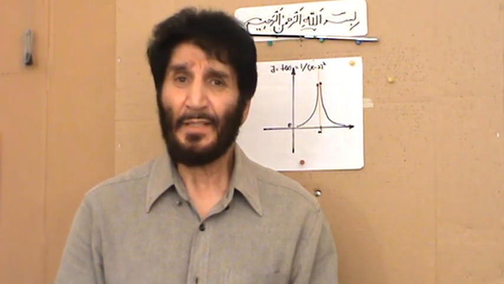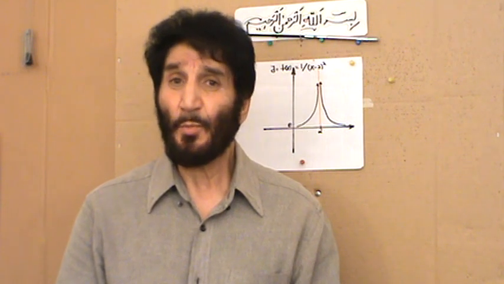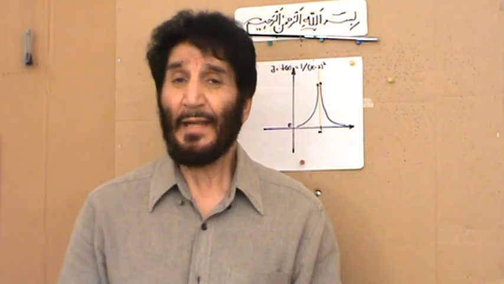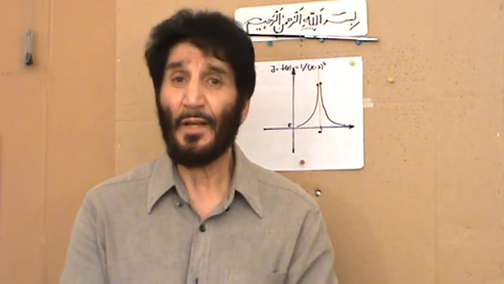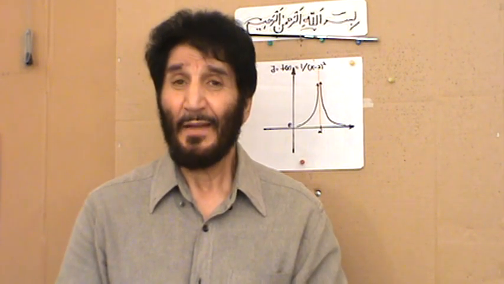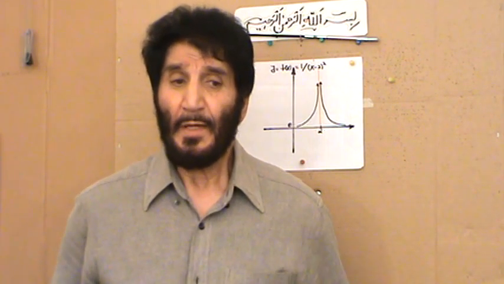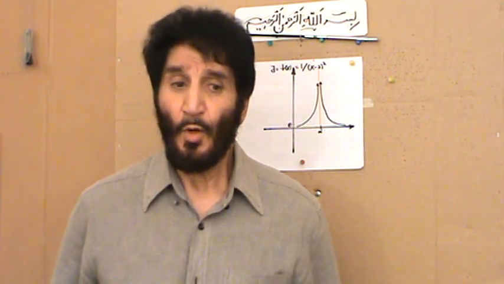Our first guess was that the limit does not exist because we end up with 0 over 0. Then we changed it into product form, and again we ended up with 0 times infinity, which both were absurd. So we were tempted to conclude that the limit does not exist.